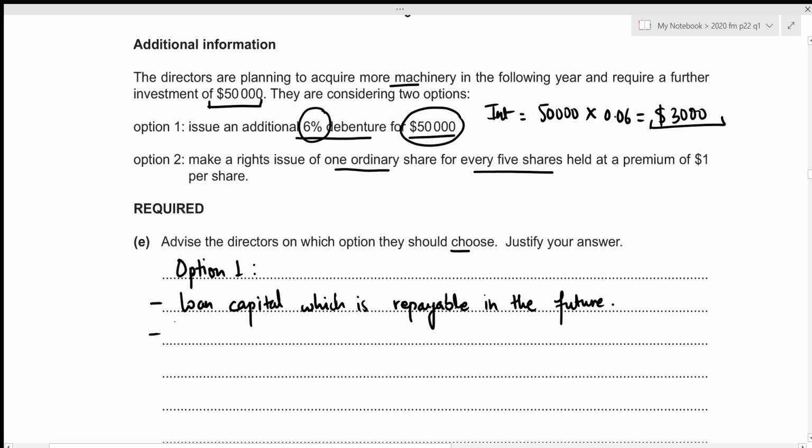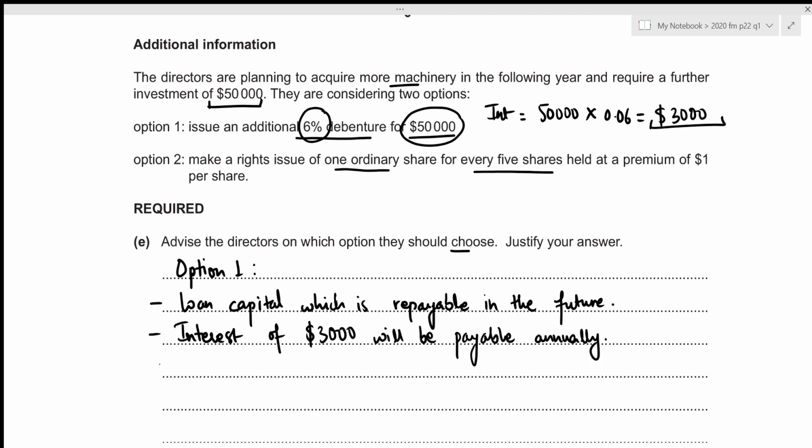Let's write it down. Interest of 3,000 will be payable annually. And when we issue debentures, the debenture holders are not provided with any sort of voting rights, which is an advantage for the company since there will be no dilution of control.